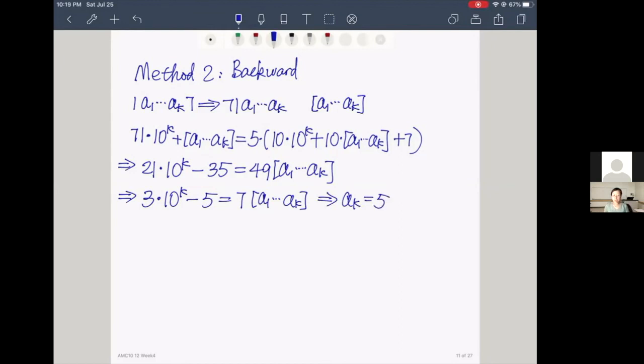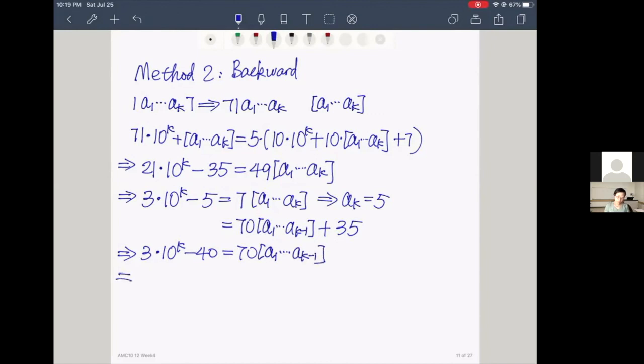Now, let's substitute AK with 5 and see what we have. So this is 70 times A1 through AK minus 1. We drop the last one, and 35. Which gives us 3 times 10 to k minus 40 equals 70 A1 dot dot AK minus 1.